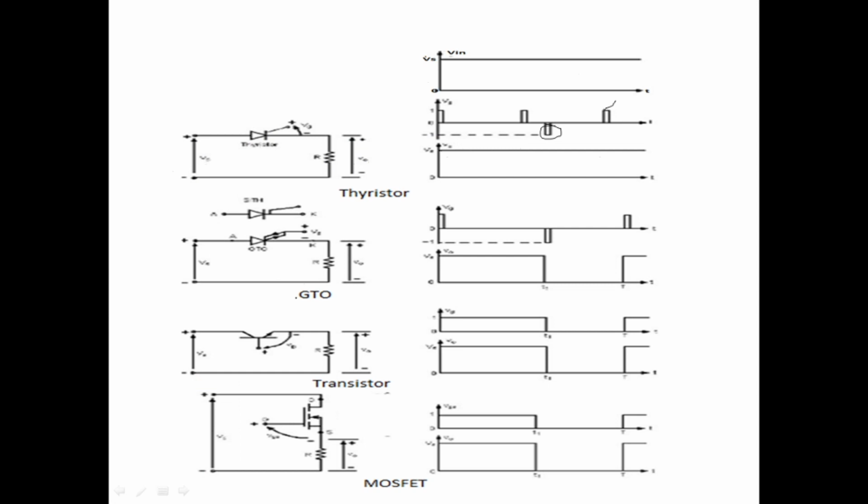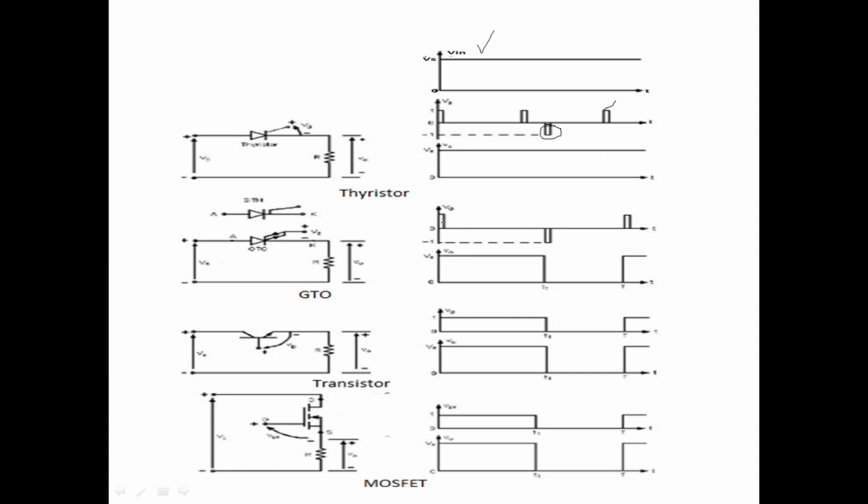One advantage of this GTO is, if you want to turn on this GTO, you just apply a gate voltage like this, and if this is an input you have applied here, that same input passes through this GTO and goes to the load. So the load will receive that input.